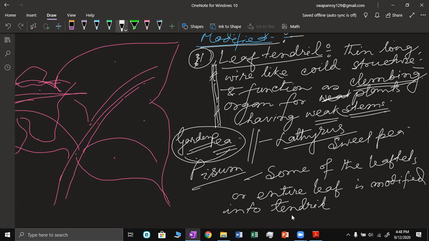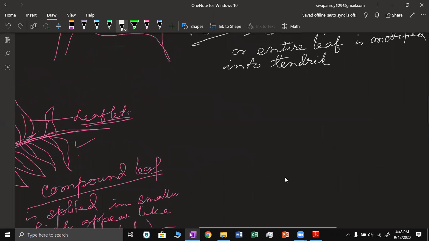Okay, so this is the leaf tendril modification.